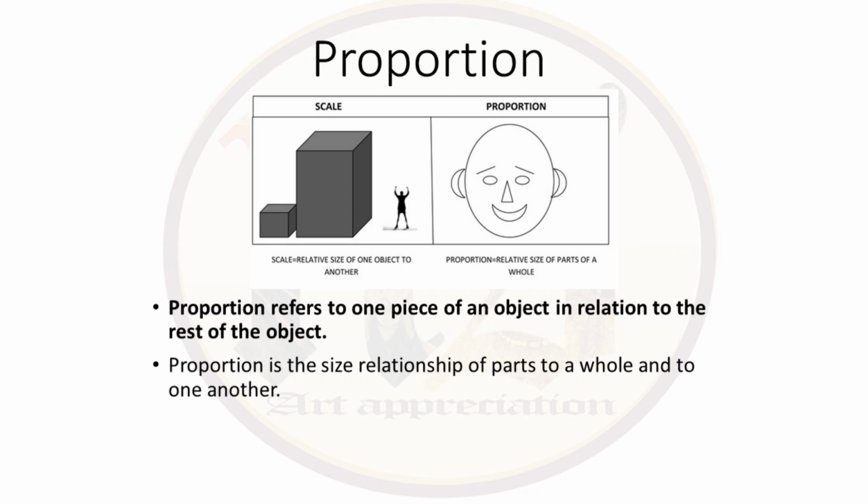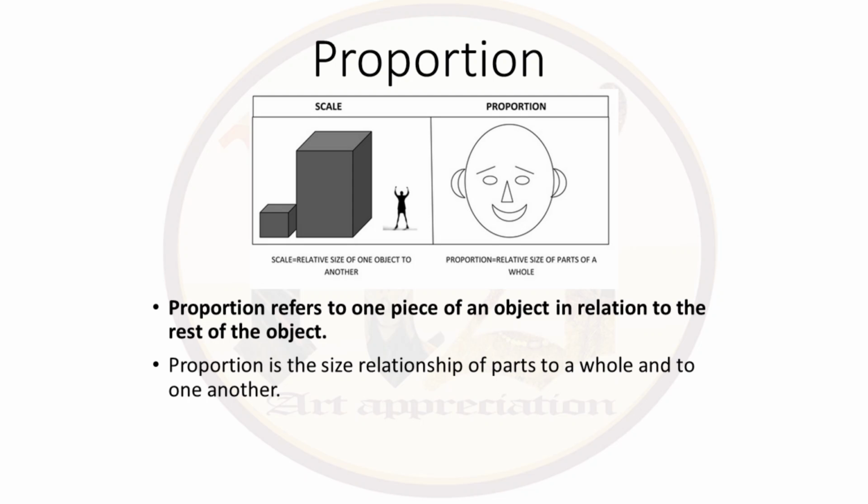Now comes proportion. Proportion means one piece of an object in relation to the rest of the object, or it is the size relationship of parts to a whole and to one another. Say for example, when we make a face, we have to see the relationship of eyes with the whole face. If the gap between the eyes is too much or the gap between the nose and lips is too much, it looks odd.